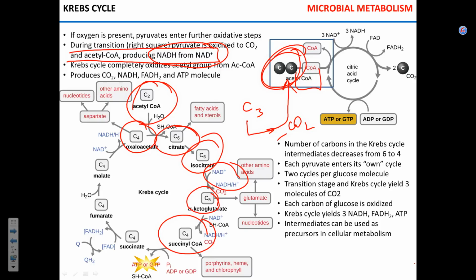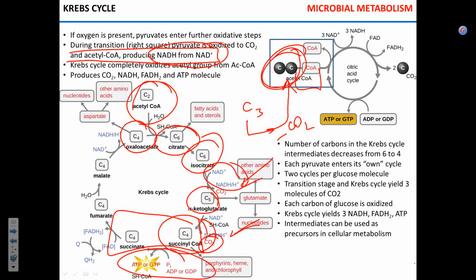The extra carbon goes to CO2, and you have more electrons produced. Then here you have a step where succinyl-CoA and coenzyme A are split, and that energy provides for the synthesis of 1 molecule of ATP or GTP. They both can serve as the energy source later.